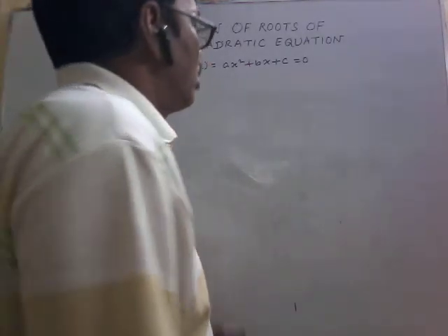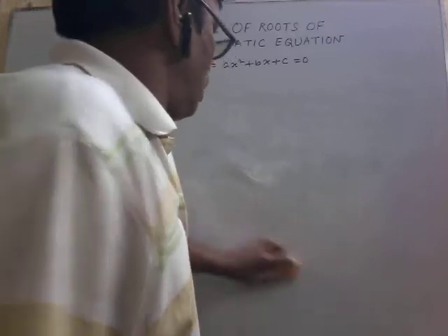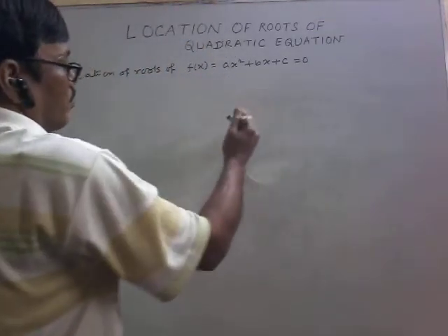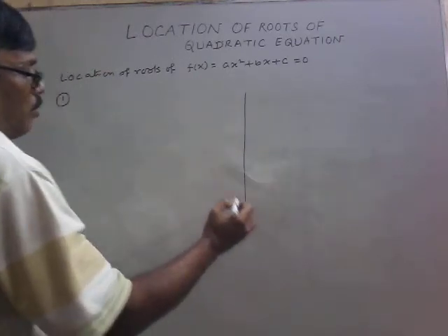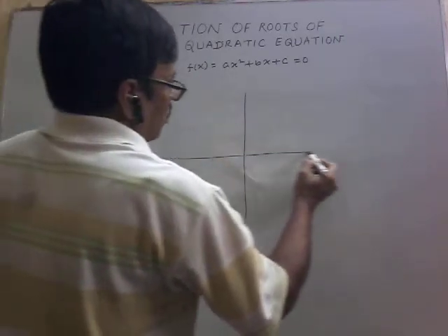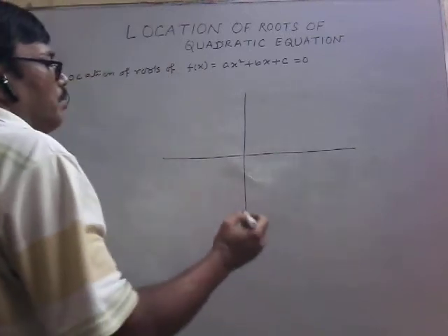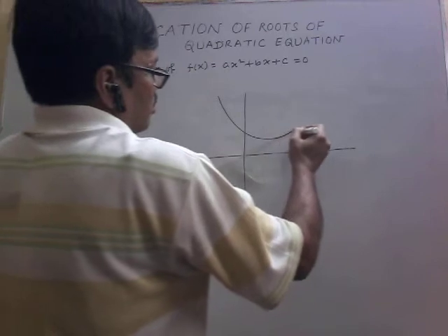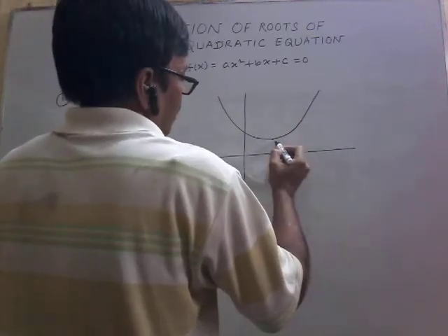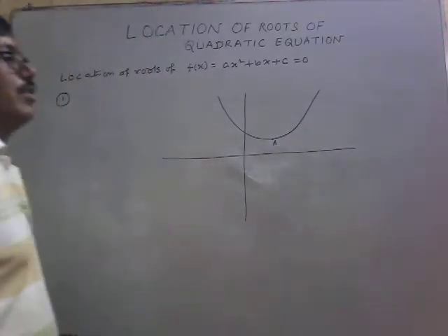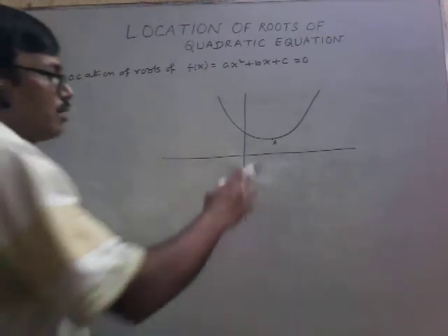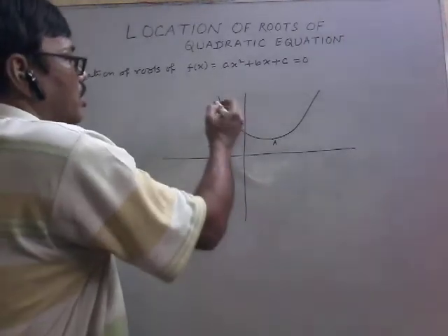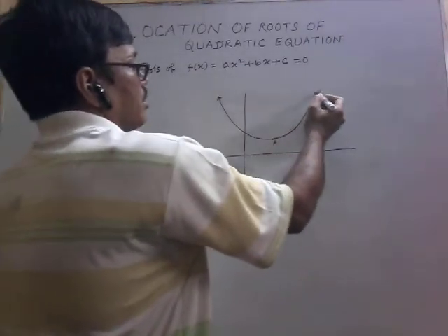So look, this is a quadratic expression. So this is a parabola. We are getting many types of curve. Suppose the parabola is like that. This type does not cut the x-axis.